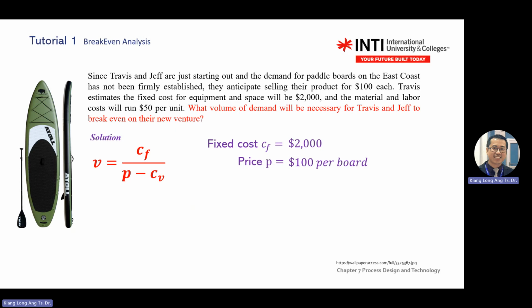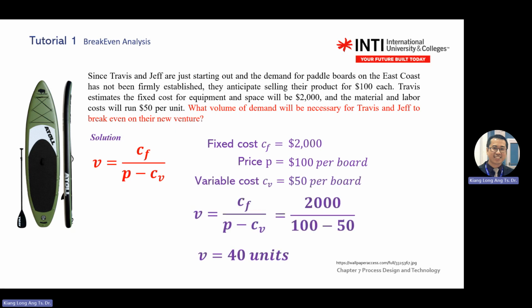Of course, this will come out in the exam. You need to derive from TC equal to TR and explain how you get this. In the exam, you need to develop the equation. At the end, you arrive at 40 units. They need to sell 40 units to break even.